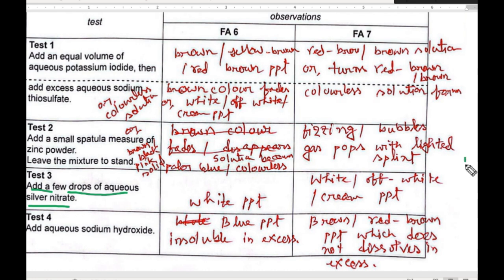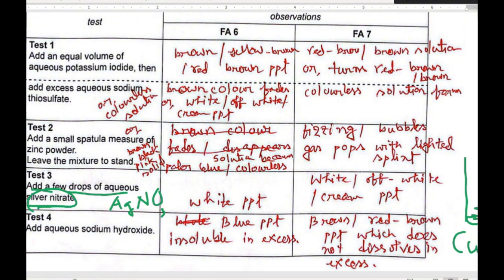So what you will do, a small amount of FA6 you will take here, FA6 as it is copper chloride aqueous solution. If you add silver nitrate, you see silver nitrate reagent is the test for chloride ion, bromide ion and iodide ion, I mean halide ion test.